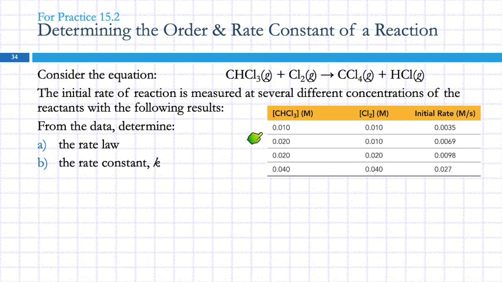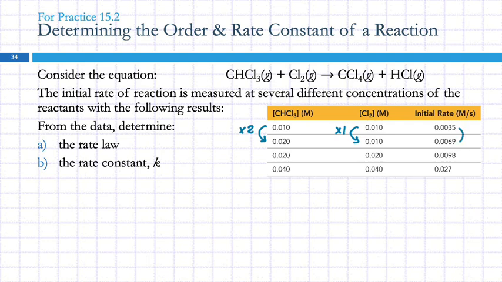From the first trial to the second, this concentration doubled and this concentration stayed the same. So here the concentration doubled. And again, you can figure out what that number is if your mental calculator's broken. 0.02 divided by 0.01 comes out to 2. And so here, this is just times 1, which means that's not changing at all. We don't have to think about that one.